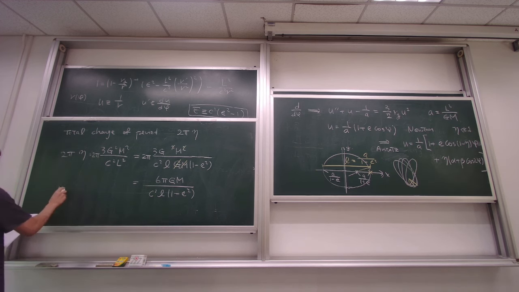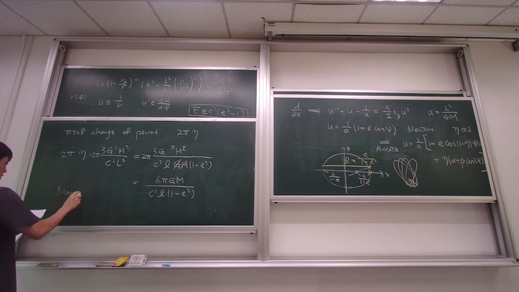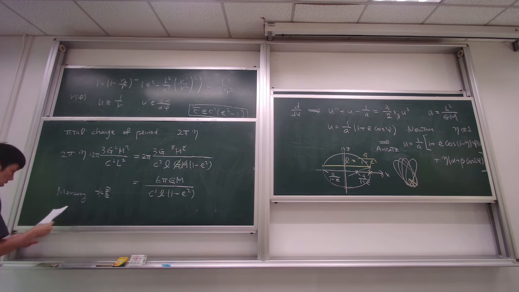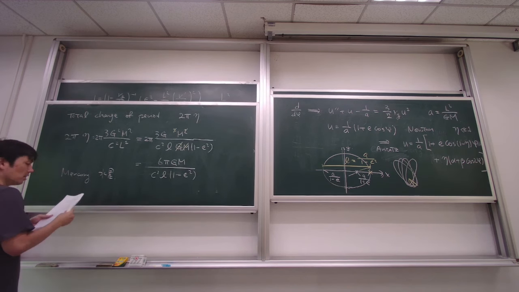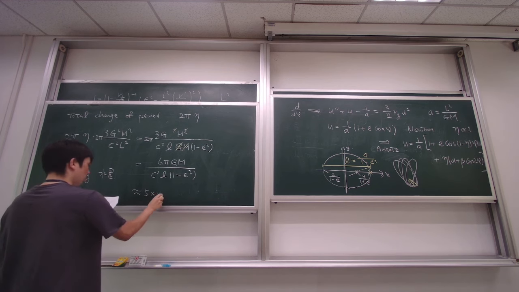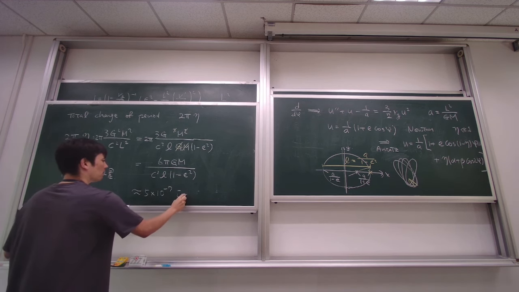So in the case of Mercury, this is equal to, roughly speaking, 5 times 10 to the minus 7 rad. Okay.